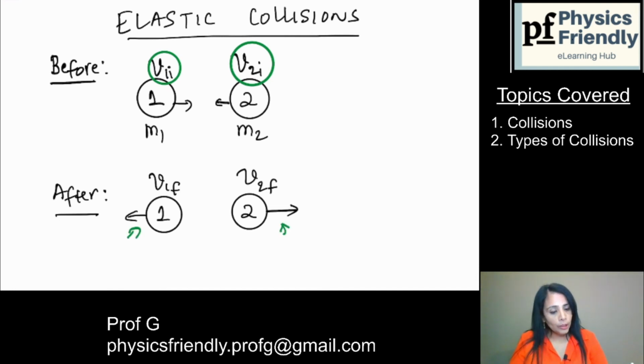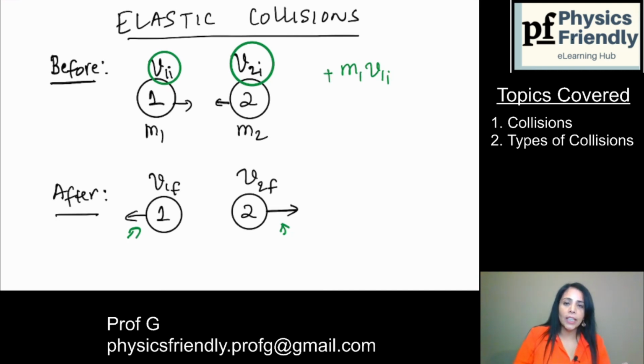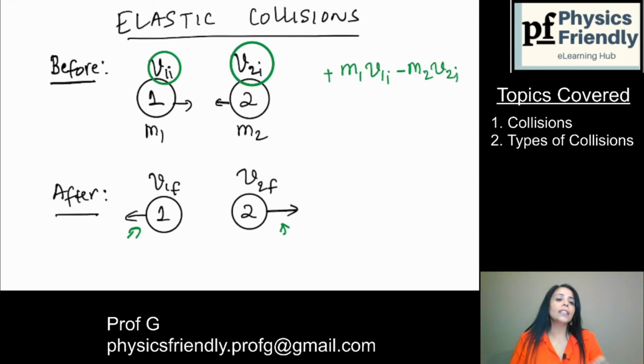So before collision we have m1 v1i, mass times velocity. This is plus because it's moving in positive x direction, and then object 2 is moving in negative x direction, as you can see from the arrow. So that would be minus m2 v2i. That's the equation set up for before collision.